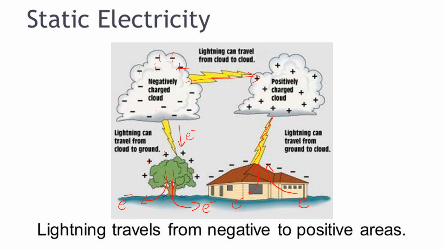And that would have a lightning strike within the cloud itself if the differences get too big between the top and the bottom. So there's lots of different ways you can have lightning happening, but it's all about charge difference and electrons being repelled or attracted based upon wherever they have traveled to.